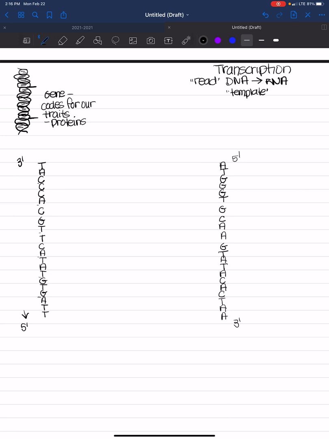And so the first thing that happens is the DNA molecule needs to unwind in the area of the gene. The DNA molecule unwinds where the gene is. There is a part of the DNA at the beginning of the gene that's called the promoter.